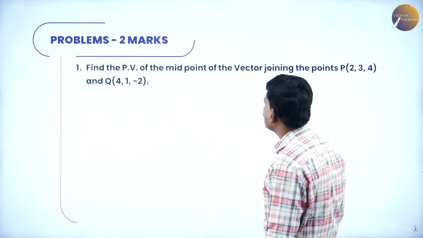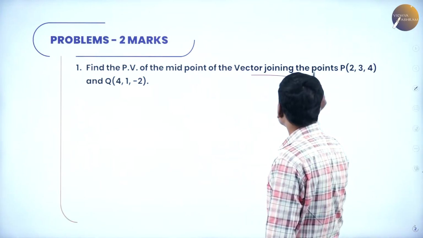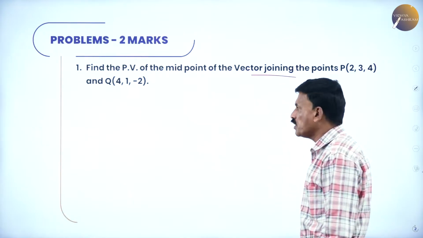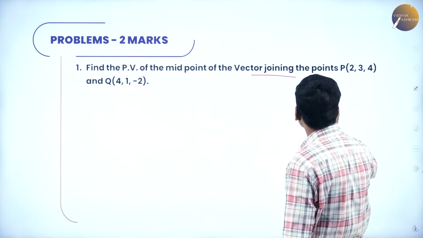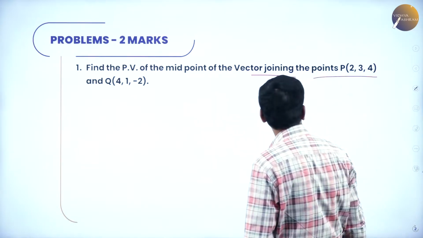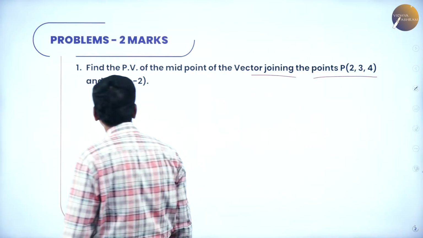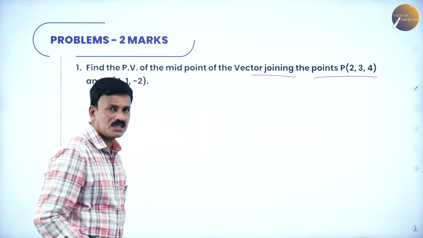Find the position vector of the midpoint of the vectors. Now let us discuss the midpoint. Find the position vector of the midpoint of the vector joining the points P 2, 3, 4 and Q 4, 1, minus 2.